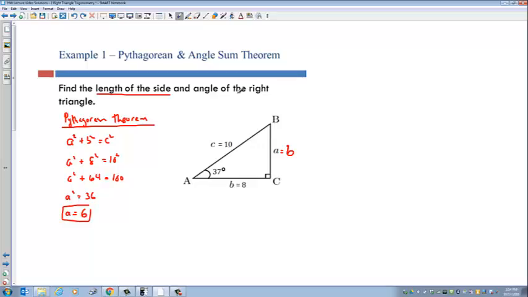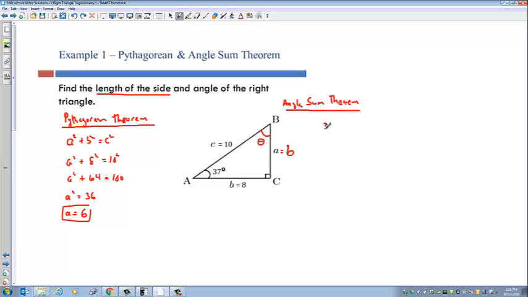To figure out the angle that's missing in the right triangle, so we're missing this angle right here, let's call it theta. All right, we'll use this Greek letter theta a lot to represent an angle. And so we know from the angle sum theorem, what do we know? We know that all these angles need to add up to 180.